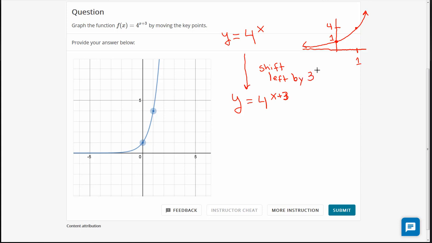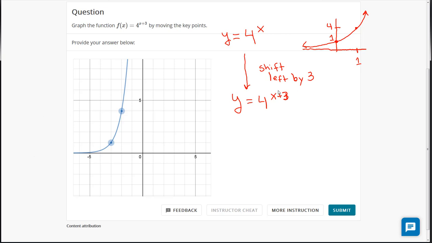So all I have to do now is take each of these points and move it left by 3: 1, 2, 3, and 1, 2, 3. And that's all there is to it.